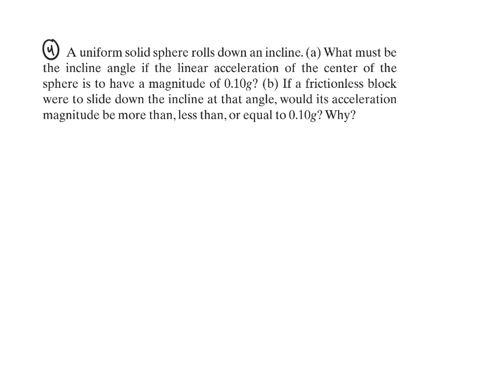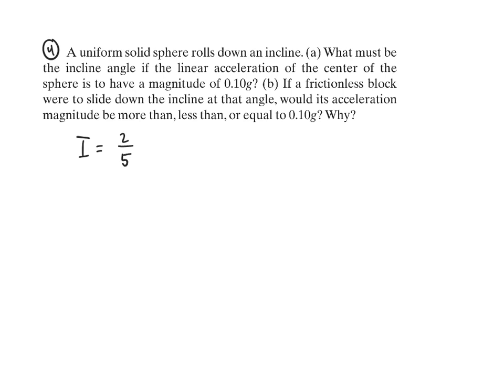So it's a solid sphere, it rolls down an incline. The first problem says, what must be the incline angle if the linear acceleration of the center of the sphere is to have a magnitude of 0.1 g? Right off the bat, it seems a bit overwhelming, but let's list what we know. We know that it's a uniform solid sphere. From our table, a uniform solid sphere is 2/5 mr squared.